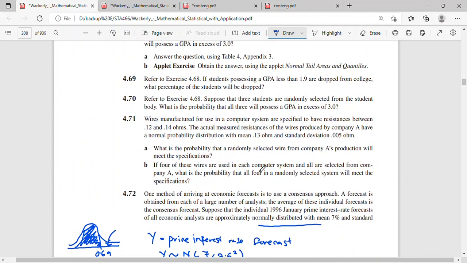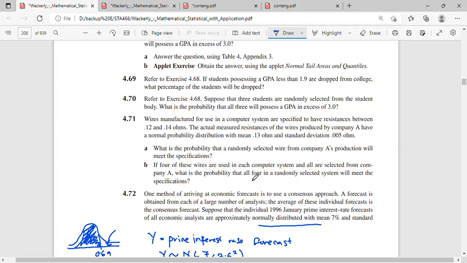Let's see another one. 4.71. Wires manufactured for use in a company's system are specified to have resistance between 0.12 and 0.14. The actual measured resistance of the wires produced by company A has normal probability distribution with mean 0.13 and standard deviation 0.005.